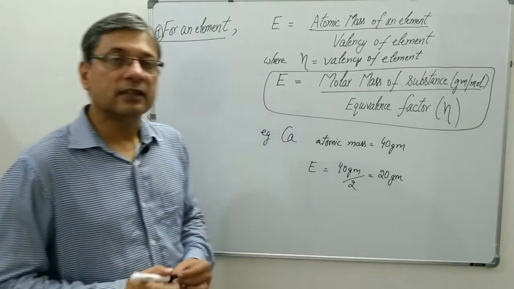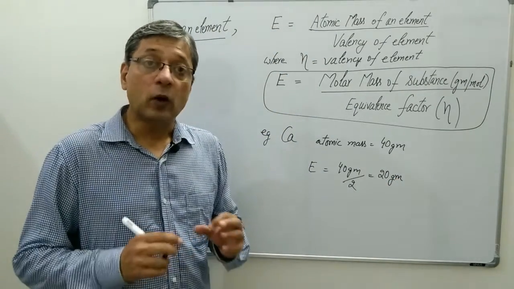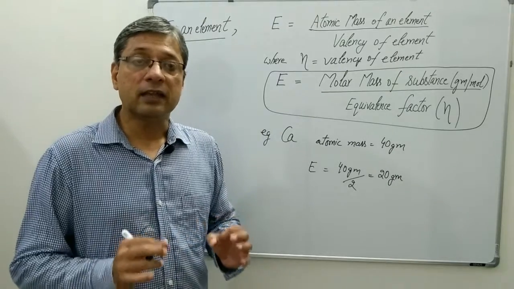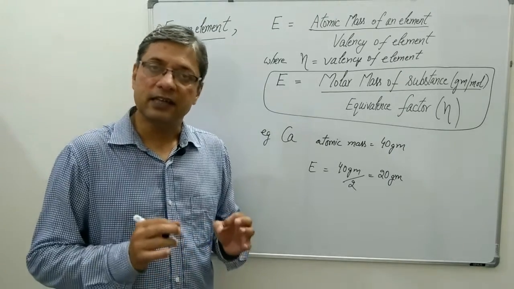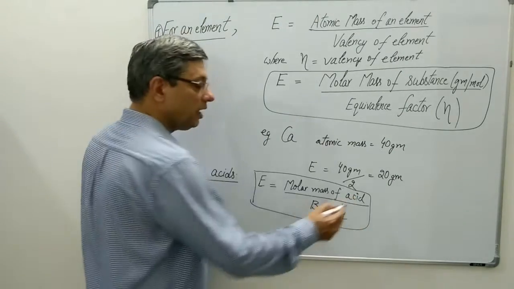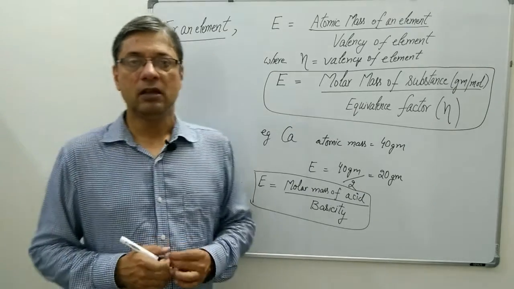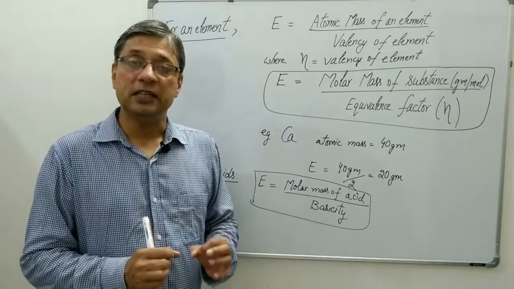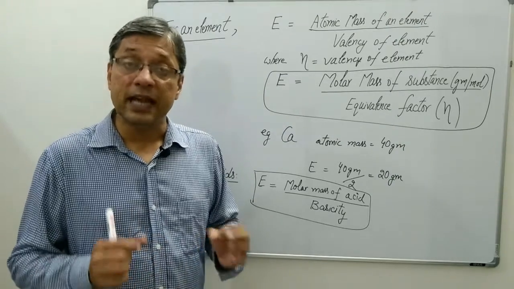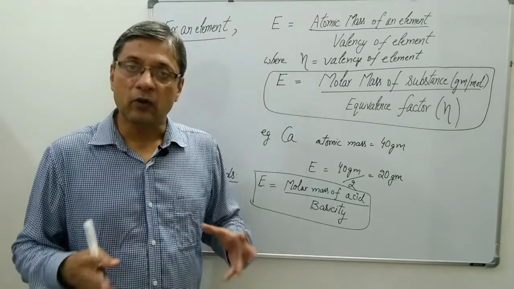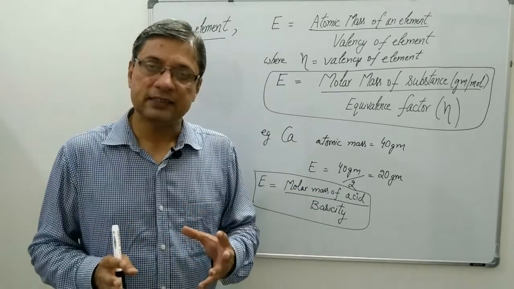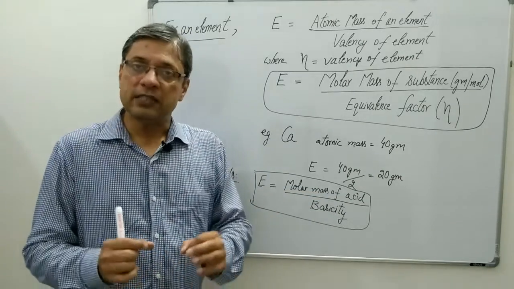Next we consider the case of acids. What is the value of the equivalence factor in case the substance is an acid? If in a chemical reaction the substance of which we are to calculate the equivalent mass is an acid, then the formula will be molar mass of that acid upon equivalence factor.